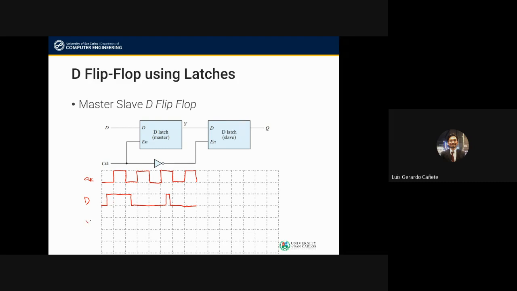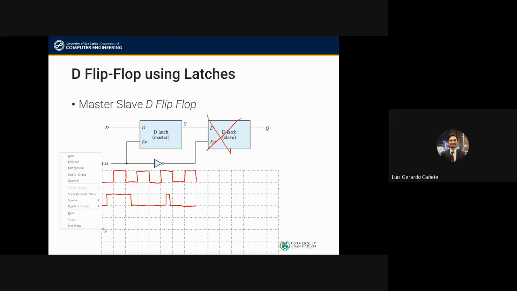And so let's forget this part first, okay? Let's focus on this part first, because this is something that we can do since we're using just basic latches here. So here, when clock goes to 1, we just copy the value of D into Y, right? So let's say that initially Y is equal to 0.